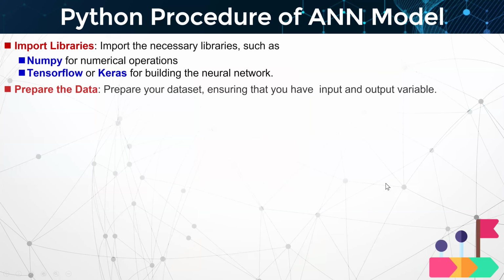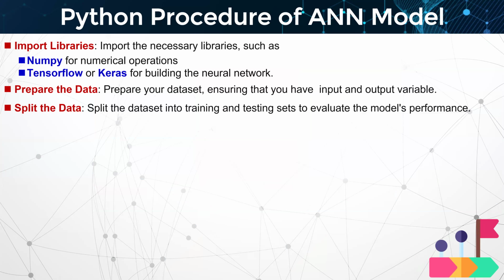So in Python development of a neural network model, you have to import the required libraries: NumPy, for example, TensorFlow, Keras for deep neural networks. Prepare the data, splitting it into different categories for training, validation, and testing.